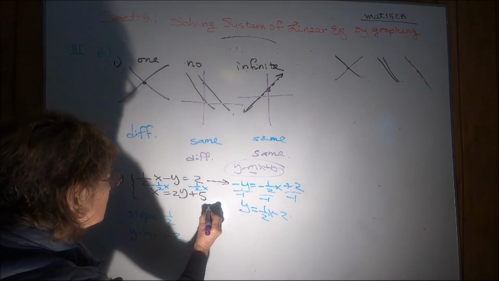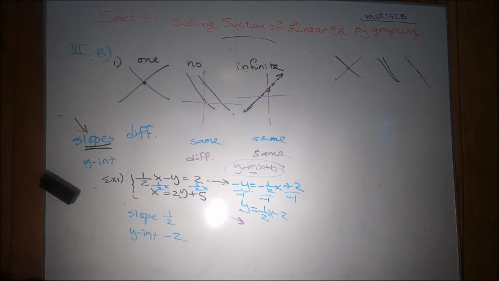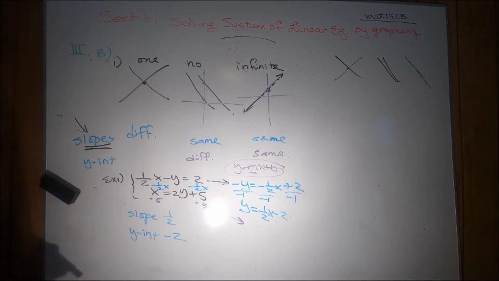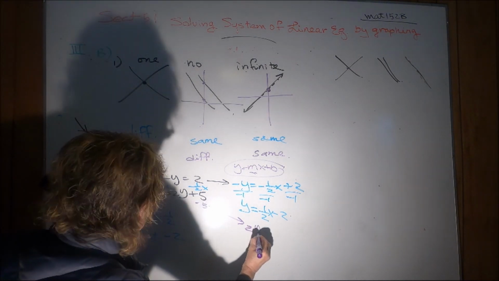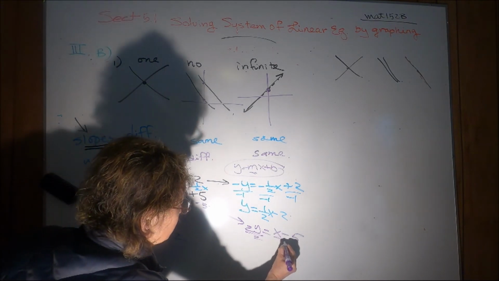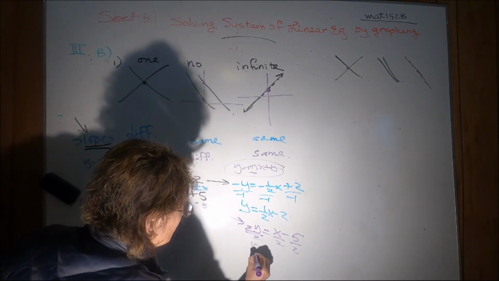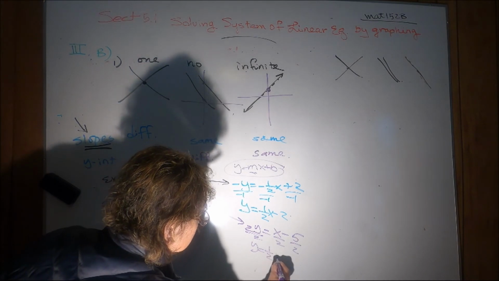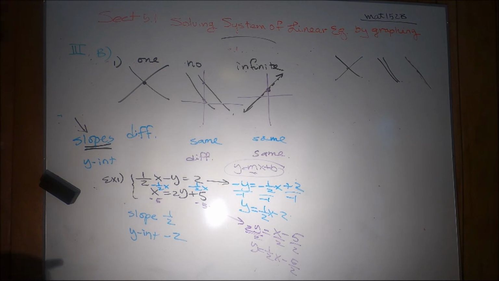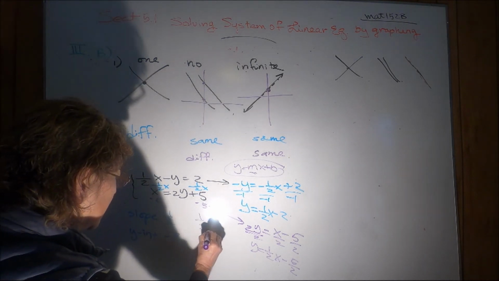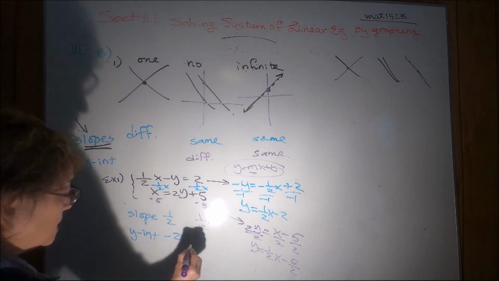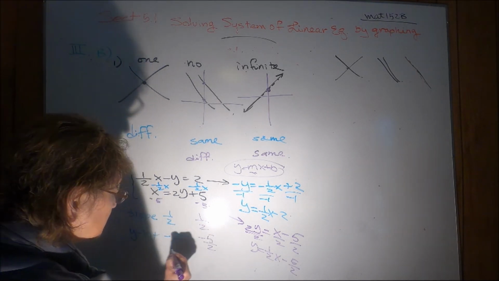Then for the second one, we get y by itself, so we minus 5, right? Move things away. 2y equals what? x minus 5. Then divided by 2. y equals what? Half x minus 5 halves. So second one, the slope is what? Half. Y-intercept is what? Negative 5 halves.